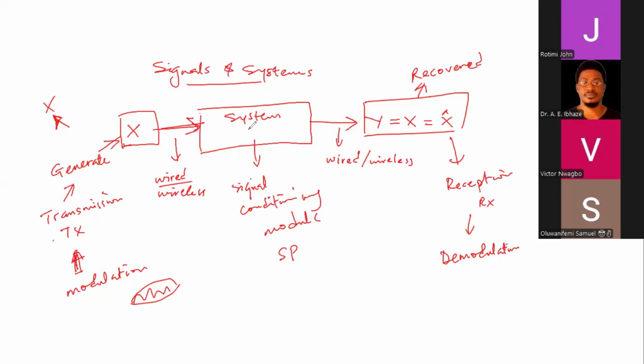Now, this system is more like a filter. This filter is going to process the signal and then hand it off to the link that will be used to receive it, and you now recover that information. I don't know if this gives you any information yet, or are there still some doubts I need to clarify before I move on to Rotimi?